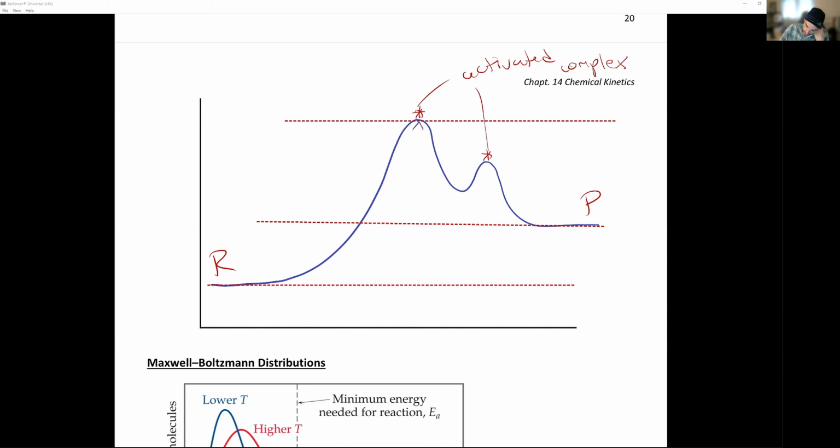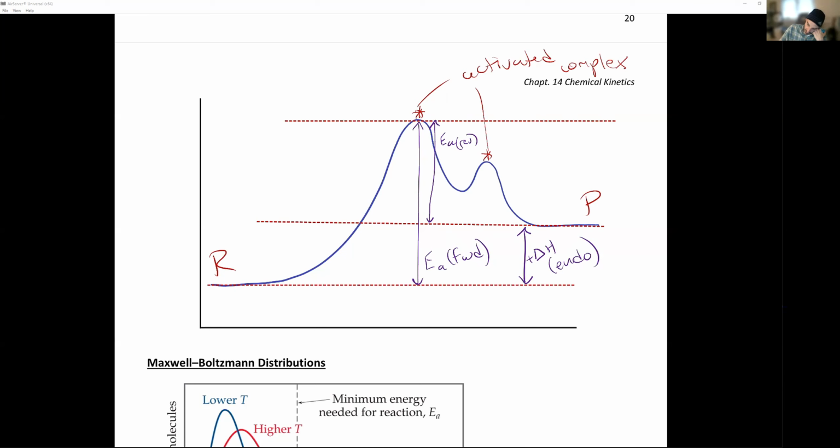This right here is the activation energy for the forward reaction, because that's the peak I have to make it over in order to make it to products. For the return trip, I still need to make it over that hump, so that one is the difference. This is the activation energy of the reverse reaction. And the difference between those two is my delta H, which happens to be positive. This is endothermic. Good.